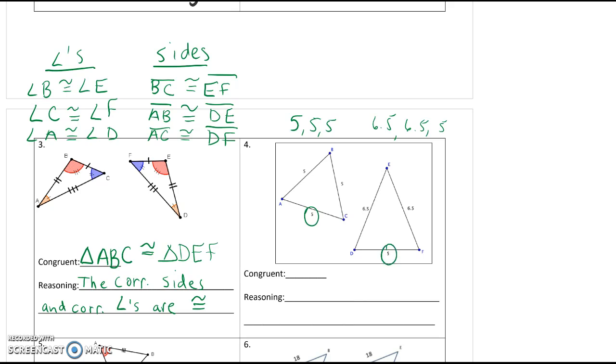The other two sides don't correspond, right? We know that 5 is not equal to 6.5. So, since we need all three sides congruent, and they're not congruent, no.